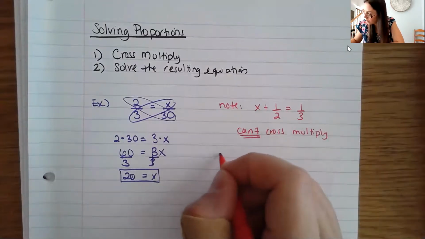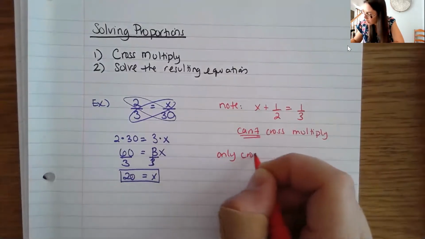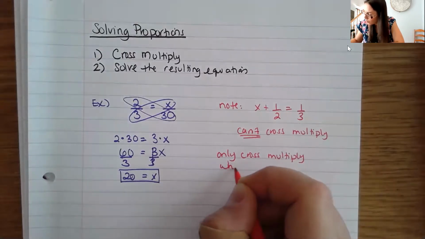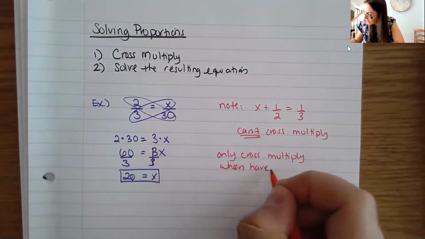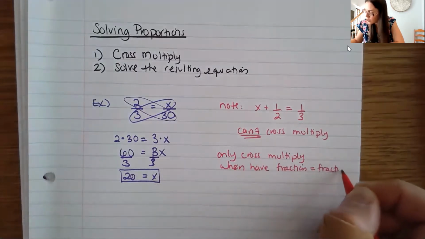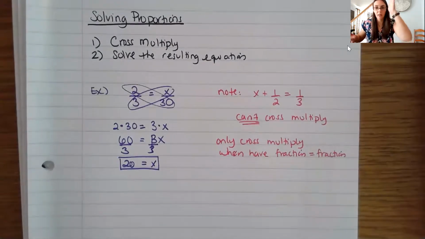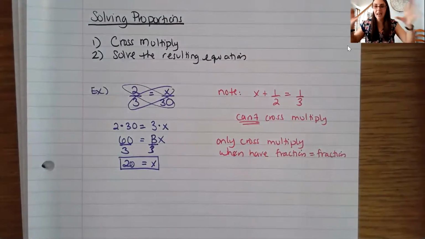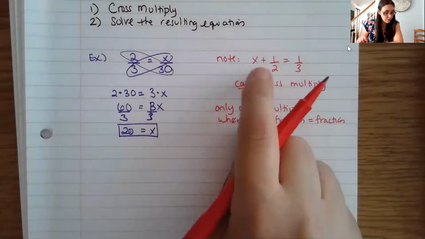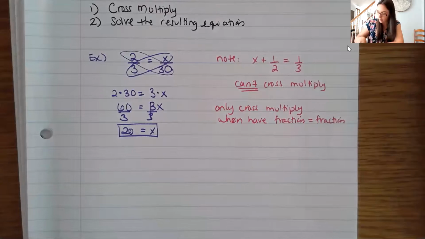So you can only cross multiply when you have a fraction equals a fraction, or a ratio equals a ratio. So it has to be specifically ratio equals ratio, nothing else extra, no adding, no subtracting separately from the ratio. Okay, so you just want to be a little bit careful there.